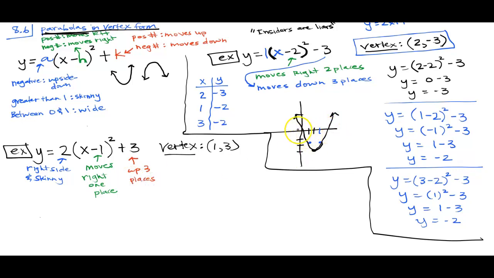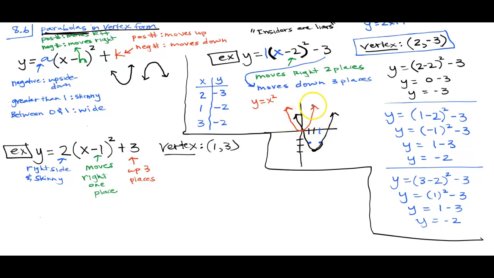Okay, so let me come back to this last one here, just because I want to make sure it's really clear. If we had the function just y equals x squared, this is just the standard parabola shape where it doesn't have any moves going on with it. It looks like this. It starts at the origin, 0, 0, and it goes up from there. This is what we're comparing everything to.